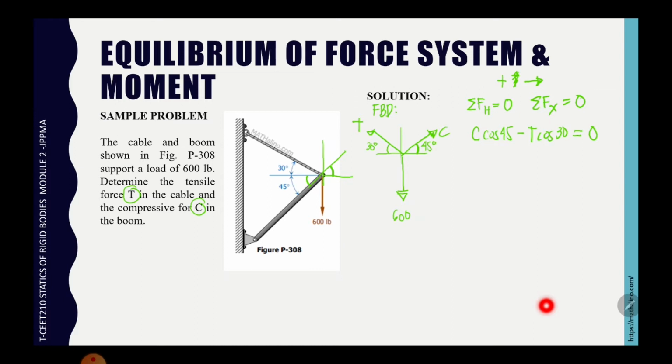So, para makuha ko si C, C cosine 45 ay equal to T cosine 30. So, C is equal to 1.2247 T. Okay, this is the first equation.